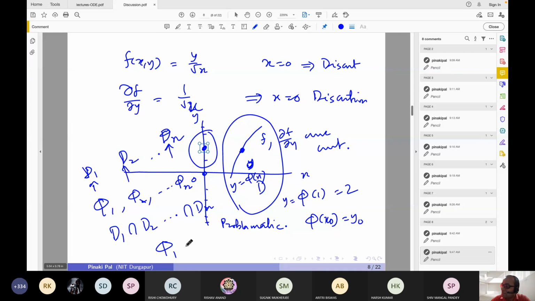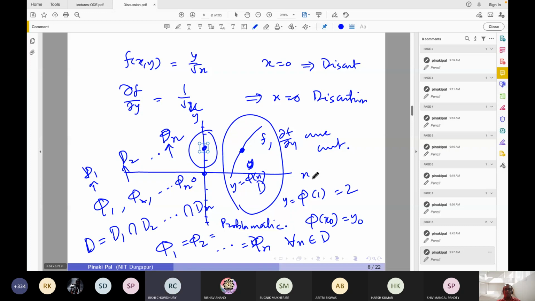Let us suppose this is D. Then phi 1 equals phi 2 equals ... equals phi n for all x belonging to D. Inside that common region the values should be equal, and outside it may depend. One can design complicated examples, but inside the common region the function value of phi should be unique.